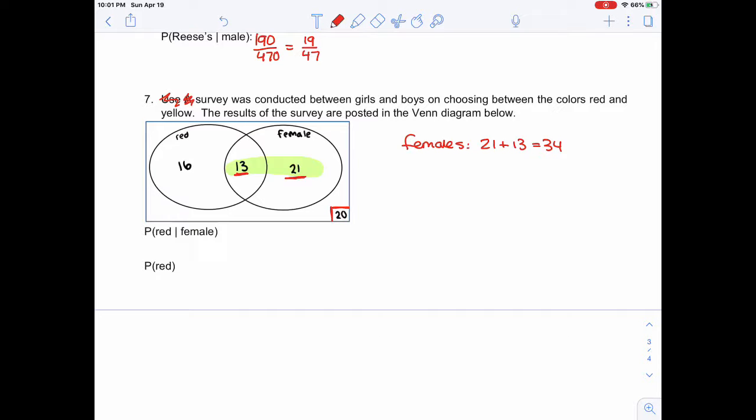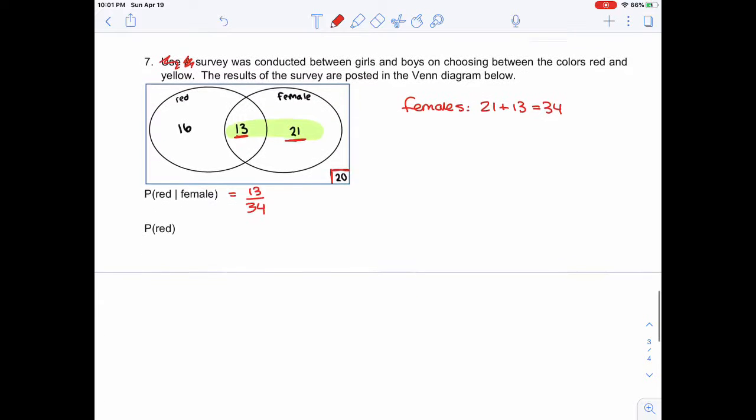Okay, so we have 34 females, and we want to see how many picked red. So clearly, right here, this 13 is in that shared red circle. Okay, so we can see that 13 out of our 34 females picked red. So our probability of getting a red, given that they're female, is 13 out of 34.